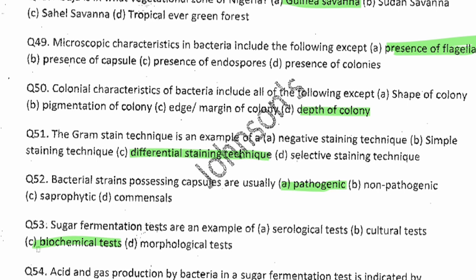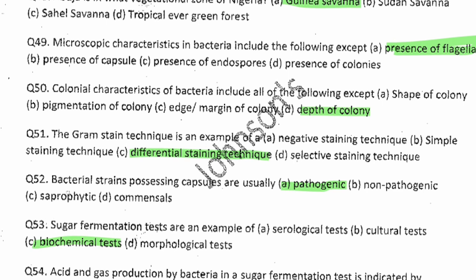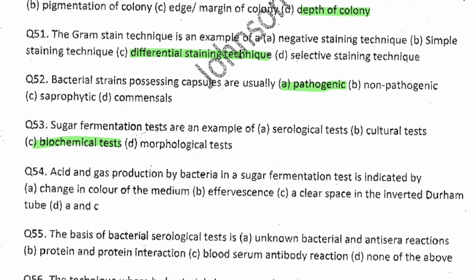Have you ever heard that if they tap palm wine and you drink it, it's not alcoholic? It's not alcoholic actually because it's sugar. But if you allow it for maybe a day, it will ferment. Yeast will convert the sugar in it to alcohol, and when you drink it, you start talking anyhow. Alright, so question number 54.